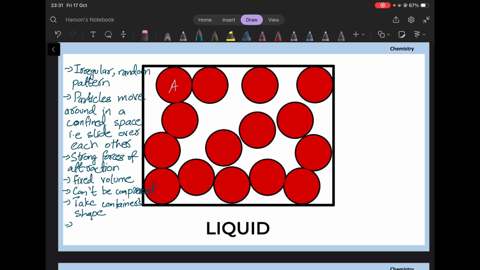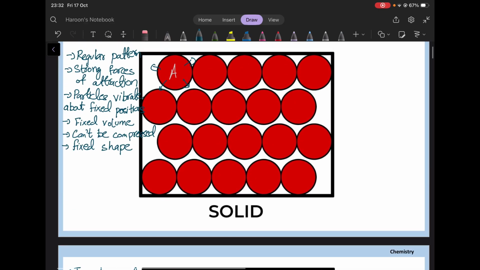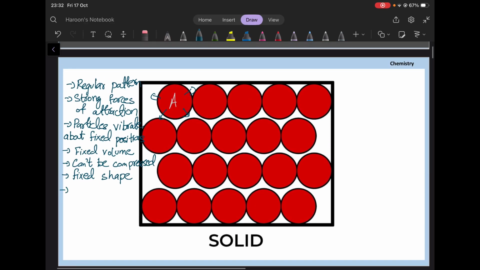So for liquids, the kinetic energy is higher than the kinetic energy of particles in a solid. Of course, this would be weaker than gases, but higher than solids. So we'll just go back and write this point over here as well: weakest kinetic energy for solids.